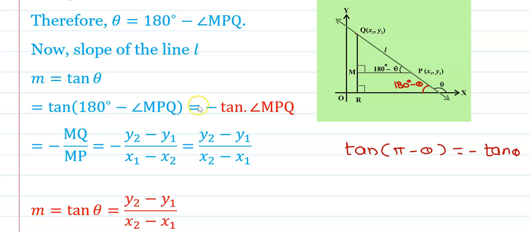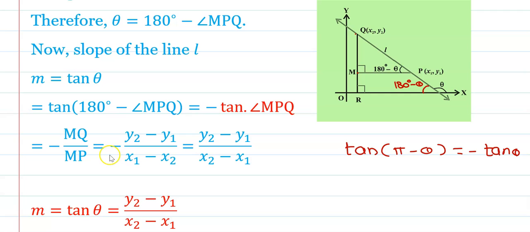But what is MQ? MQ is y2 minus y1. This distance is parallel to the y-axis, therefore it is the difference of the y coordinates. Next, we will find MP. The x coordinate of the point P is x1 and the x coordinate of the point M is x2, and therefore it is x1 minus x2.